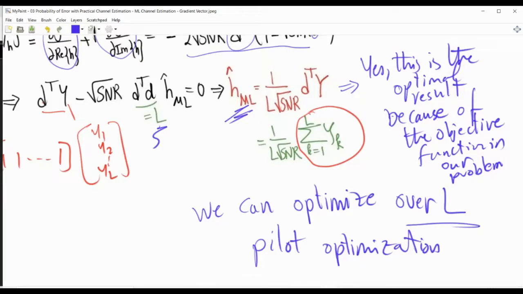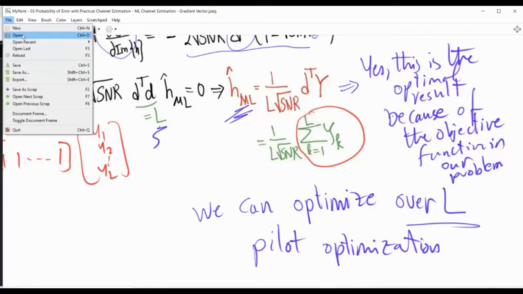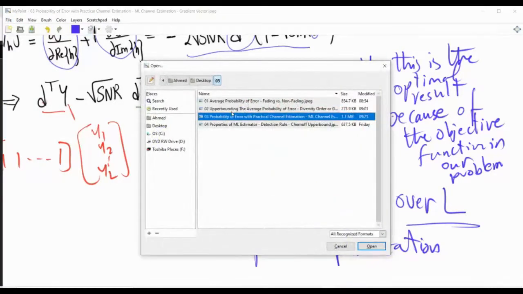Too many pilots means a very good channel estimate, but a significant reduction in the information rate. And if you use very few pilots, your channel estimates will be very noisy, and then your performance in terms of, let's say, the probability of error will be degraded. Here in this problem, I'm fixing L.